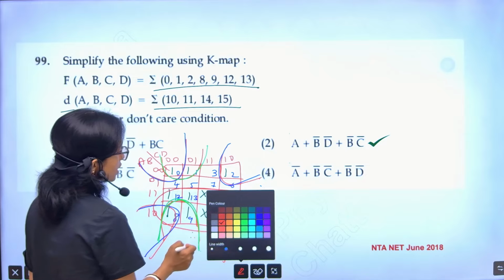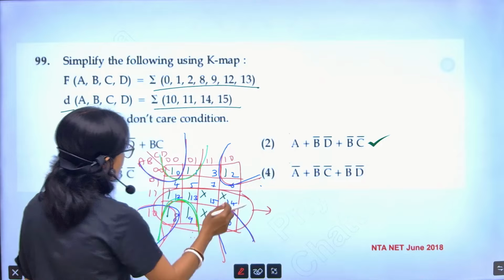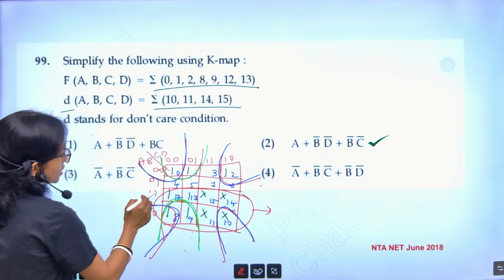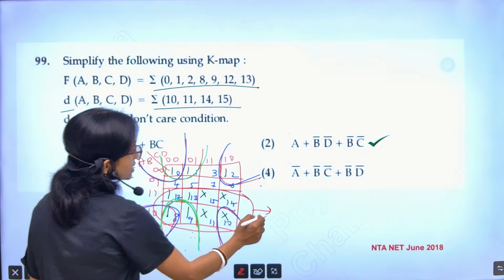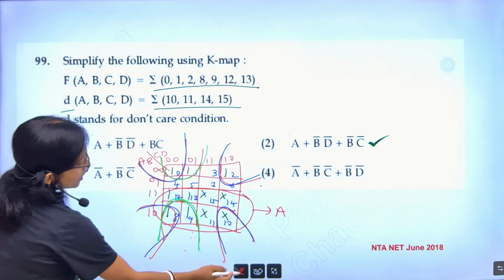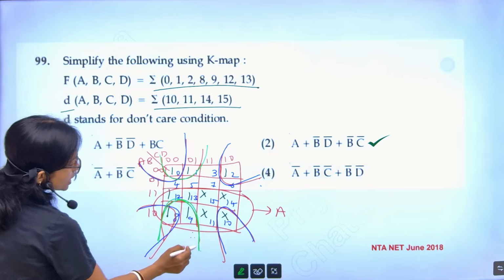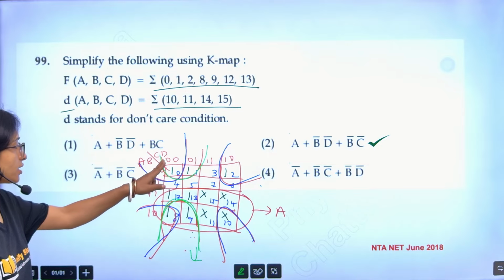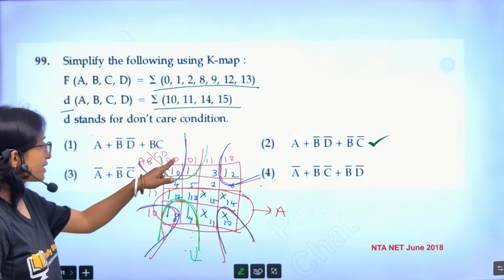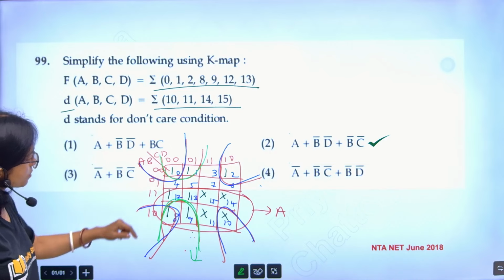For the answer from this larger group, all CD cancel, 0 1 cancel, that means I am getting A. Now from this green color group, that is wrap around, this 0 1 cancel, that is C bar, and this 0 1 cancel, that means B bar.